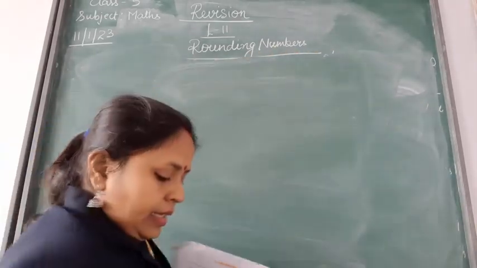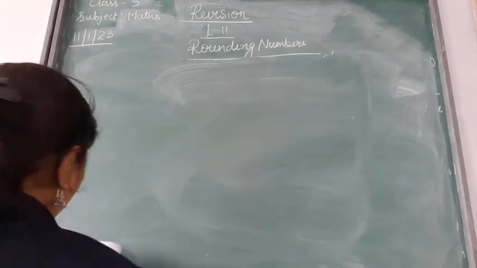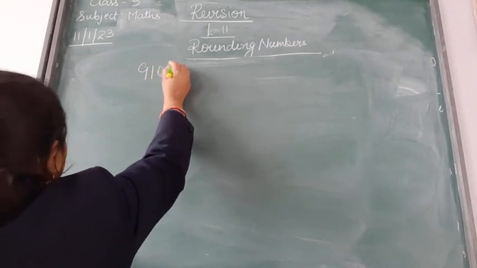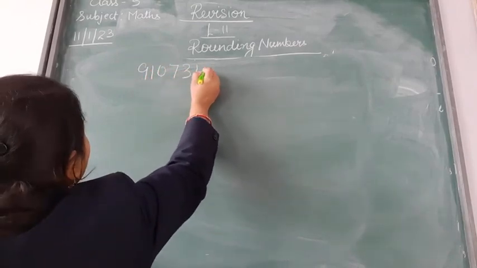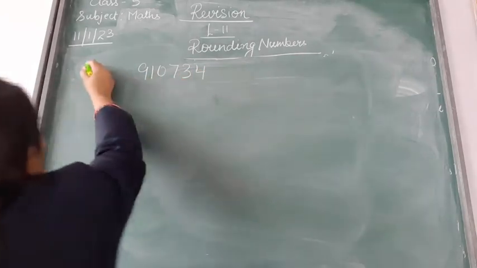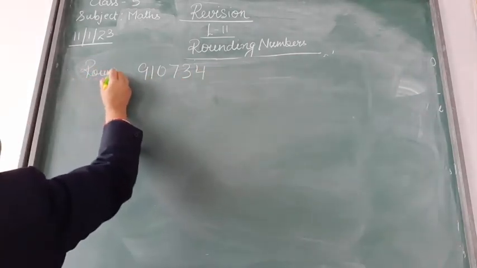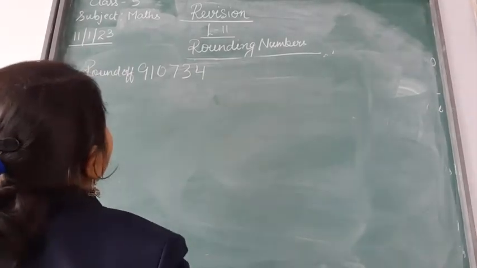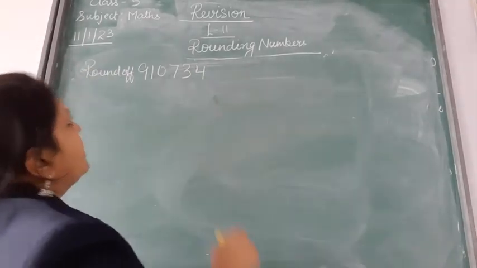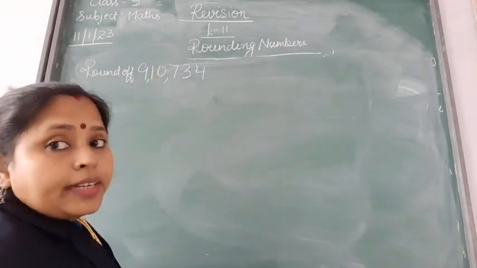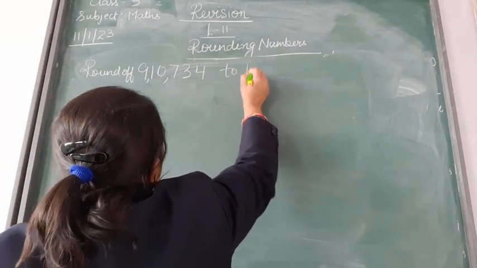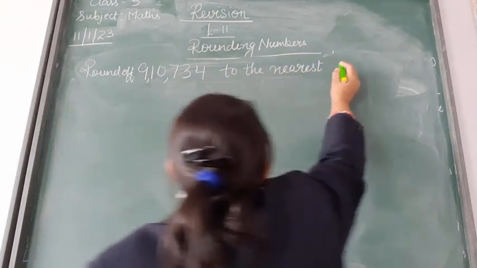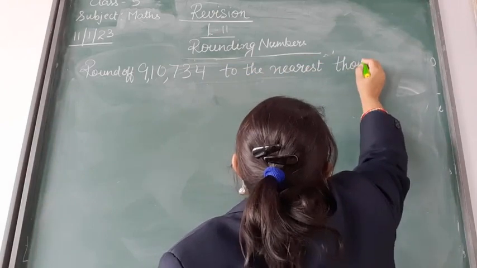So my next question is, we are going to round off 9,10,734 to the nearest 1000 place.